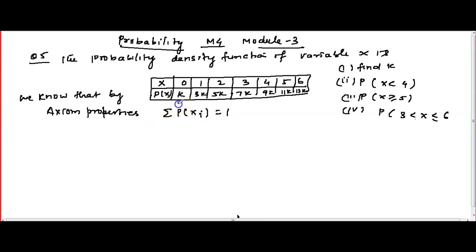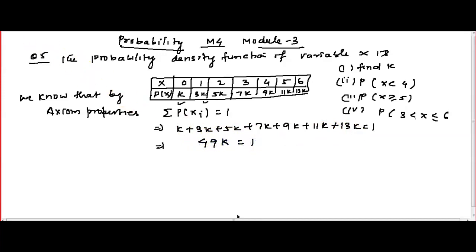So k plus 3k plus 5k plus 7k plus 9k plus 11k plus 13k is equal to 1. So totally how much k is there? Adding: 3 plus 1 is 4, 5 is 9, 10 is 16, and 9 is 25, 36, 49. So 49k, right?